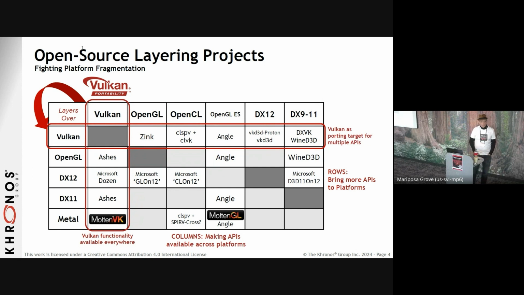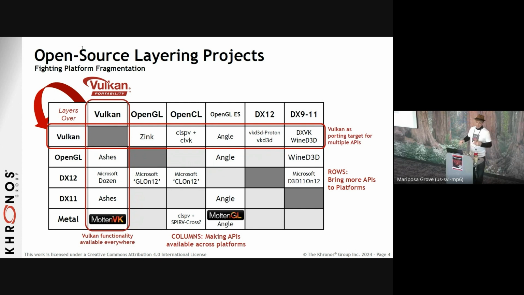They were initially going to be part of the Portability initiative, and technically still are, although they don't participate. But their interest is in actually getting a fully conformant implementation. So they want to be able to say Dozen is fully conformant with Vulkan. Because they own their own API, they own DX12, they can extend DX12 to whatever degree they need to be fully conformant with Vulkan.